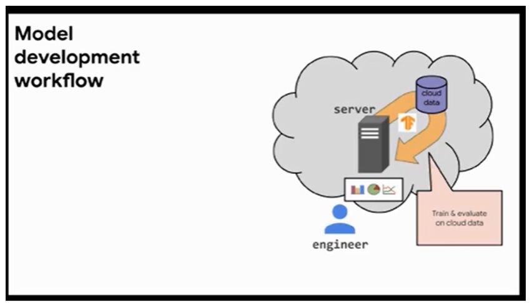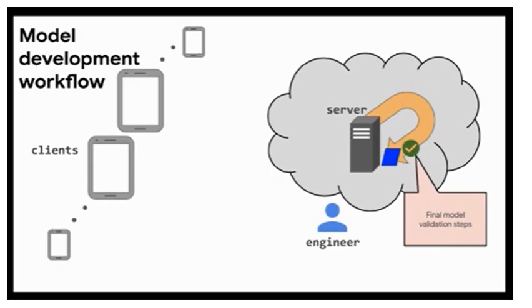We have also seen in the previous video that the engineer has somehow access to data in the cloud, but in practice, in federated learning, we are never going to collect the data.